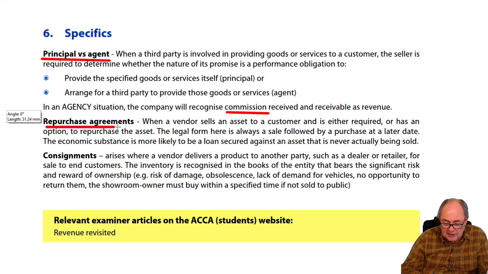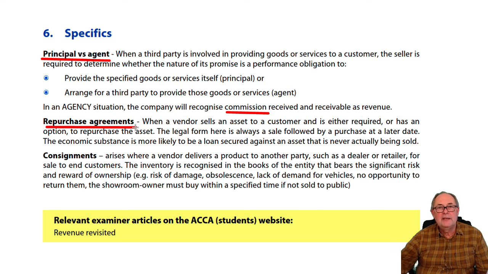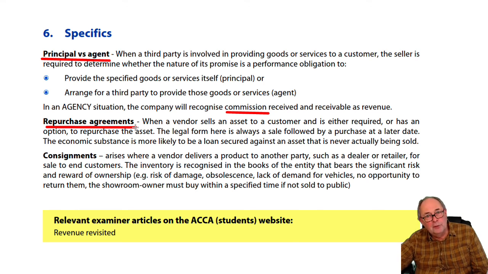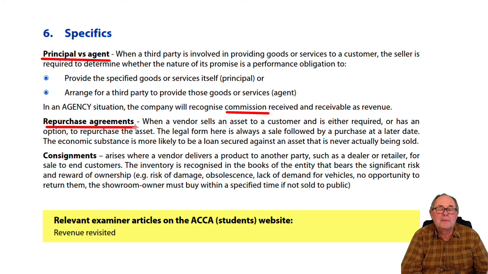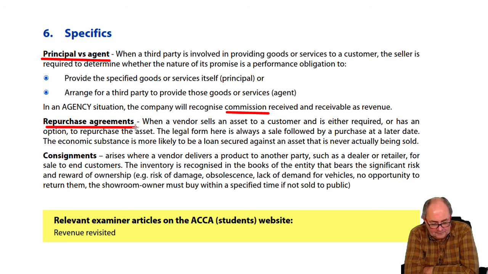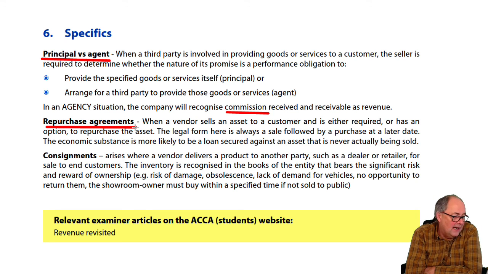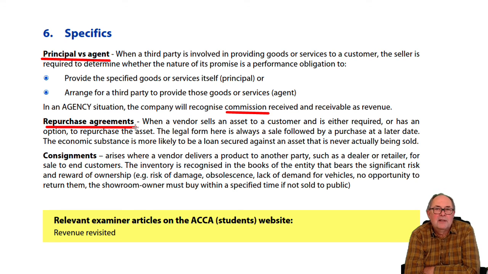Repurchase agreement. Well, if you sell something and then you've agreed to buy it back again, that sounds like a loan, doesn't it? So there's a company called Birdseye that makes, I don't know if you've come across this product, fish fingers.